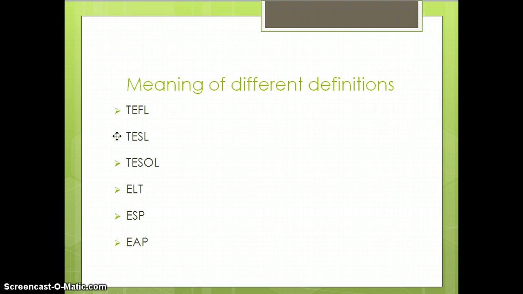This acronym refers specifically to English being taught to non-native speakers of English in a country where it is the native language. For example, teaching immigrants in the United Kingdom or the United States of America. TESOL, teaching English to speakers of other languages, and this term theoretically refers to both of the above.